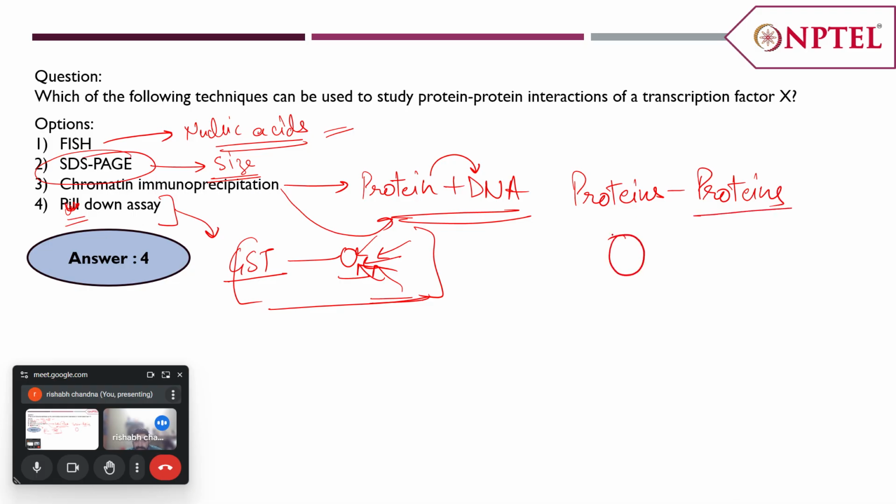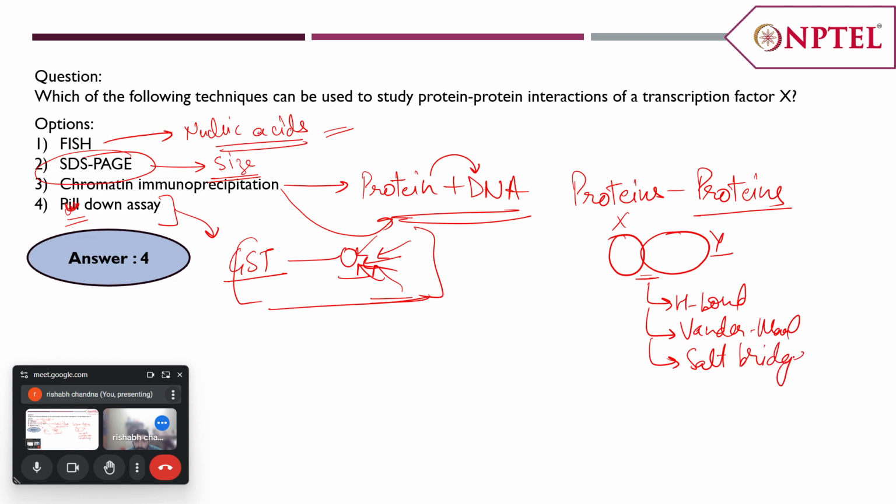For example, this is a protein X that has to give its signal or activate by interacting with a protein Y. Now this interaction is non-covalent in nature. That can be hydrogen bonds, van der Waals forces, or salt bridges. No covalent interaction would take place here.